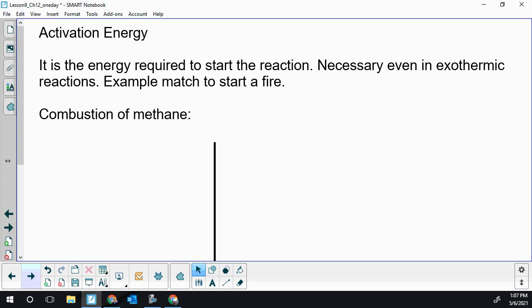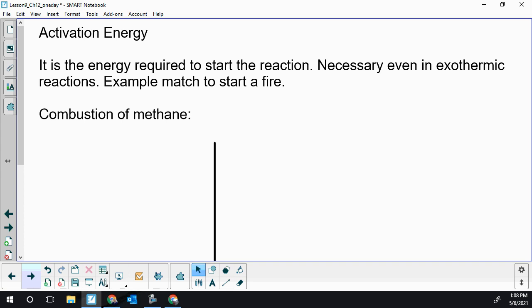So let's dive a little bit more into activation energy. In particular, you need to be able to identify and quantify the activation energy on a chemical potential energy diagram. So what is activation energy? As previously mentioned, that's the energy required to get the bond breaking going, to start the reaction. Even in exothermic reactions, like combustion reactions, you still have an activation energy.